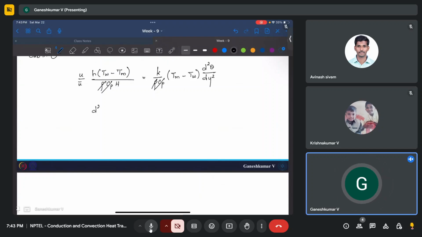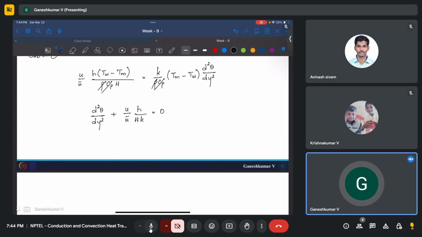Then this becomes d square theta by dy square, plus u by u bar times h by capital H k equal to 0. This is your equation.